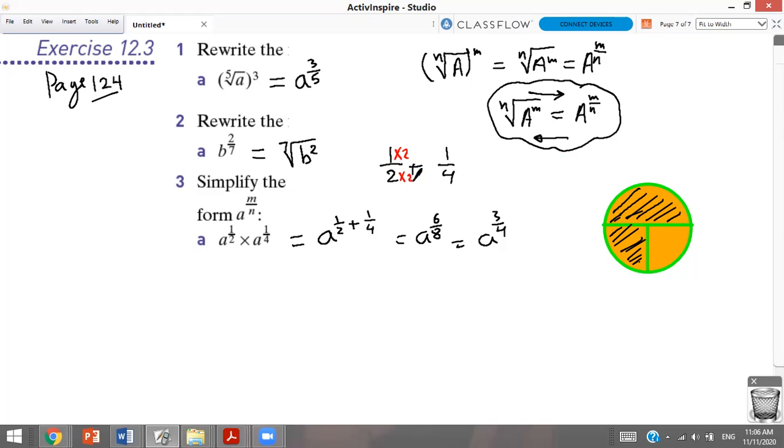It will be 2/4 plus 1/4. Now that you have the same denominator, you can add up: 2 plus 1 over 4, which is 3/4. This is with your mind. If you put it in a calculator, it will be only one click. But you must do it using your mind. Don't be lazy.